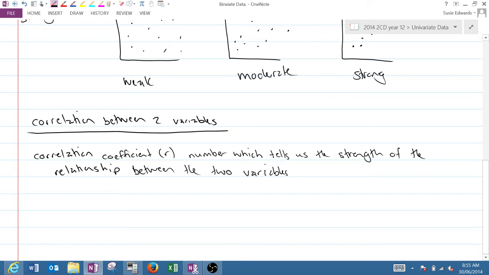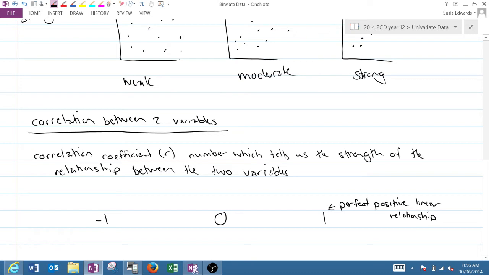It has a number range from -1 to 0 to 1. If you had a correlation coefficient of 1, it means it has a perfect positive linear relationship.